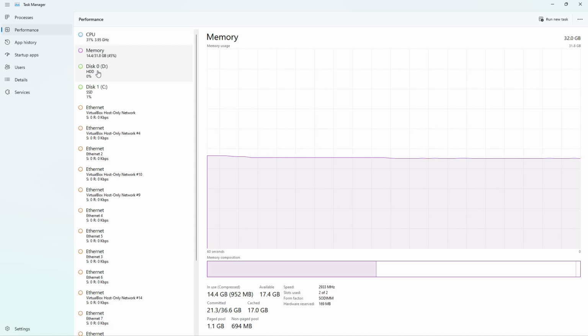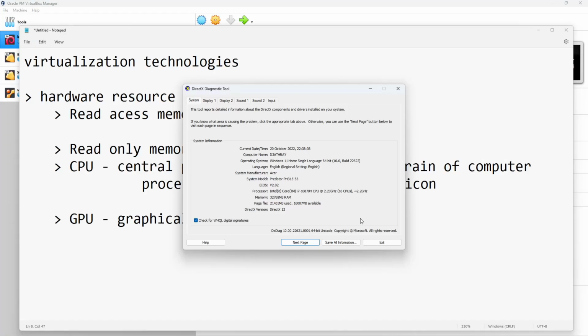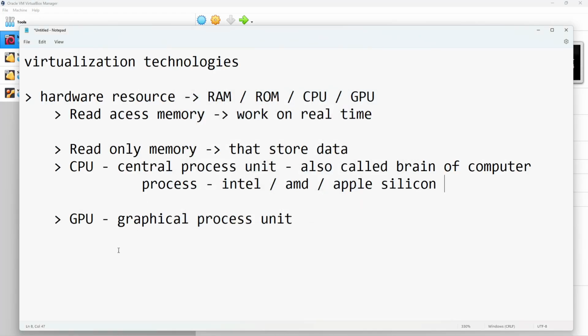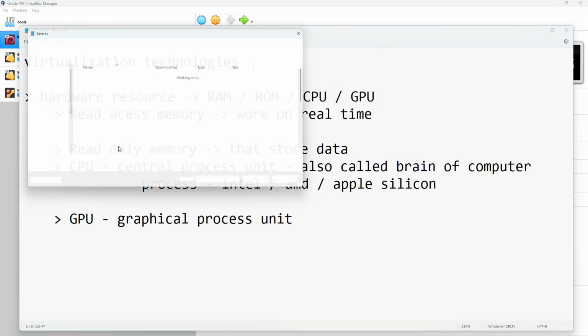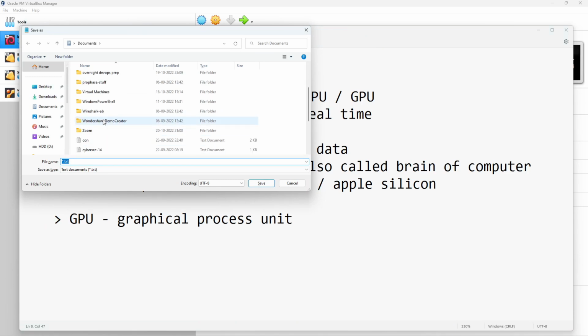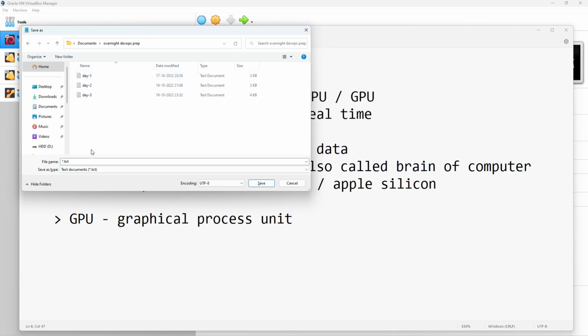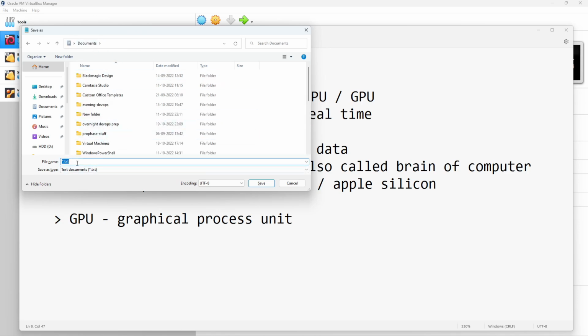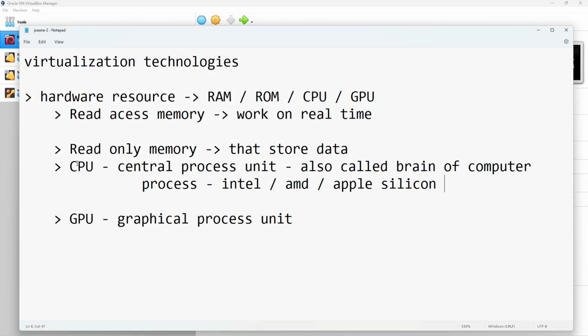That's why virtualization technology came into existence. That is the main reason. It actually helps you utilize your hardware resources better, so you can run multiple operating systems in parallel.